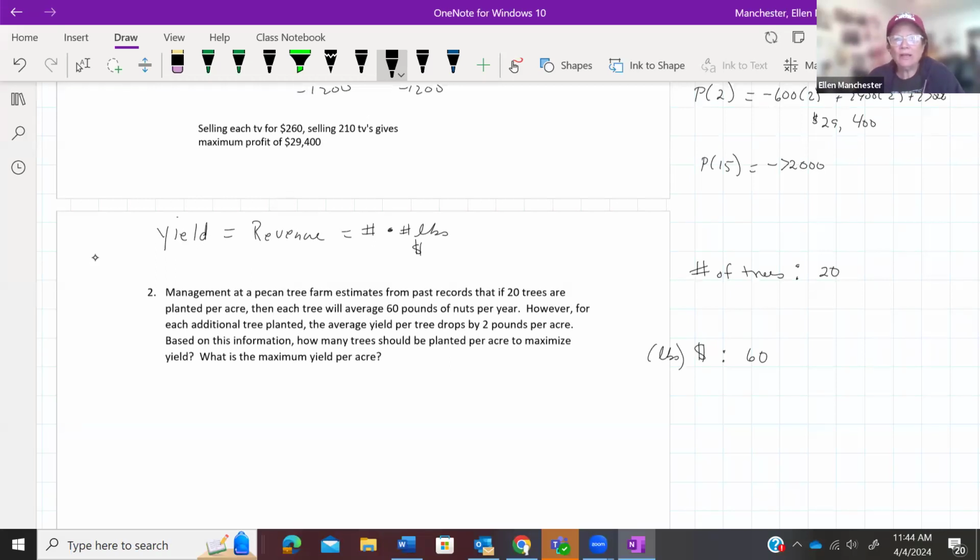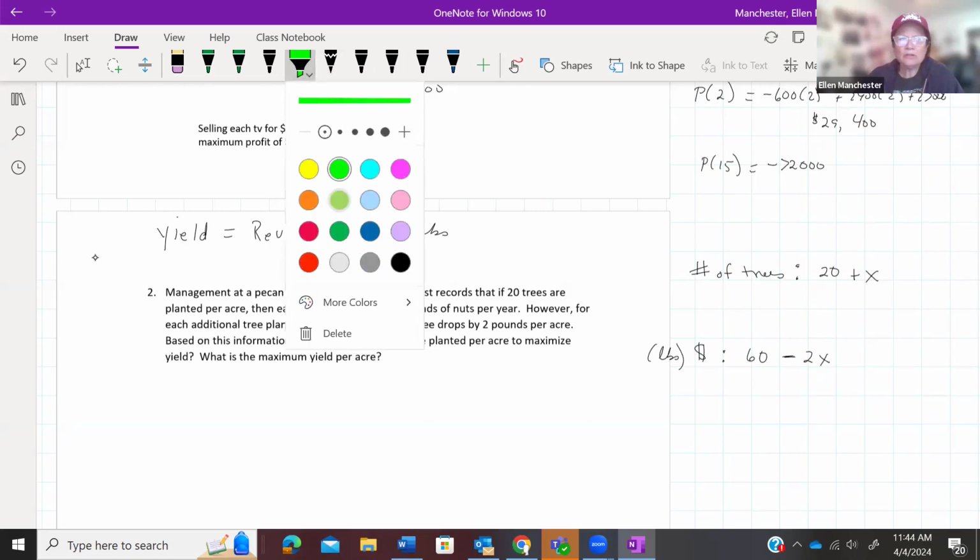And then for every additional tree planted, so that is one change, our yield drops by 2 pounds per acre. So every time I add a tree, I'm reducing the number of pounds by 2.